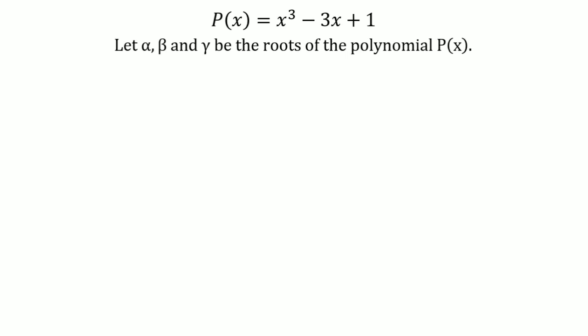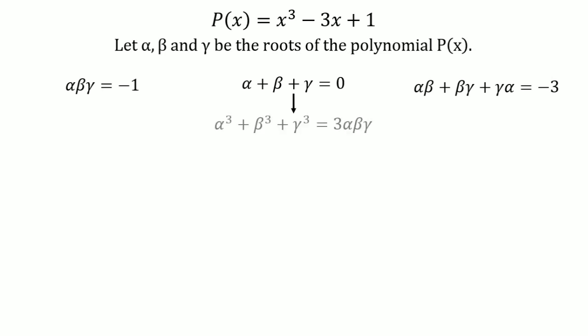Now we have polynomial p(x), and alpha, beta and gamma are the roots of polynomial p(x). Then the sum of roots is equal to 0, the product of roots is equal to −1, and the sum of products of pairs of roots is equal to −3. Now from the result alpha + beta + gamma equal to 0, we can say alpha³ + gamma³ + beta³ is equal to 3 alpha beta gamma by our identity.